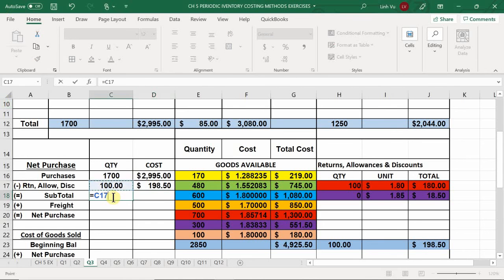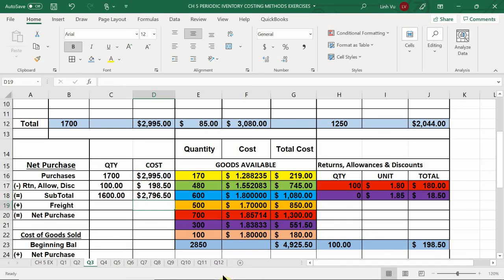So therefore, I should have a grand total of 1,600 units at a grand total of $2,796, right? Because we end up returning, so that's going to take away from our inventory.